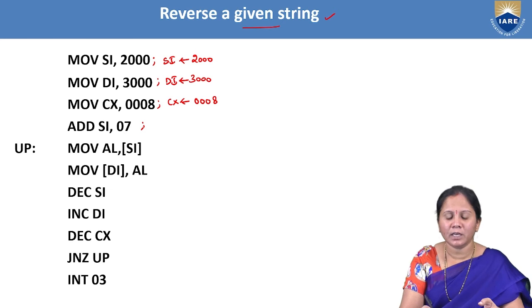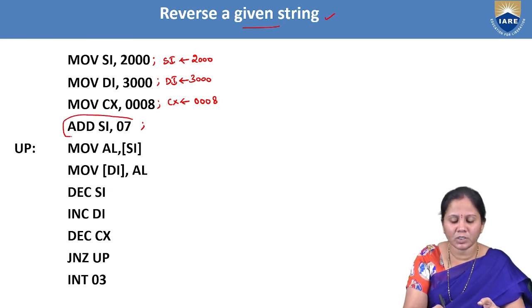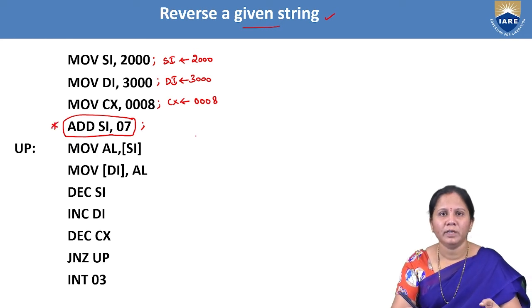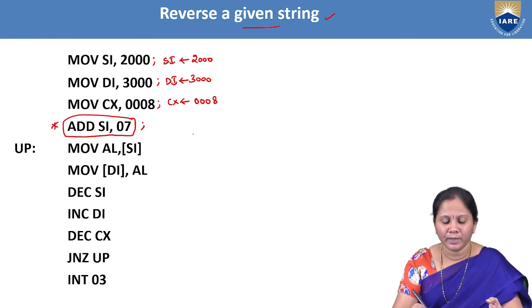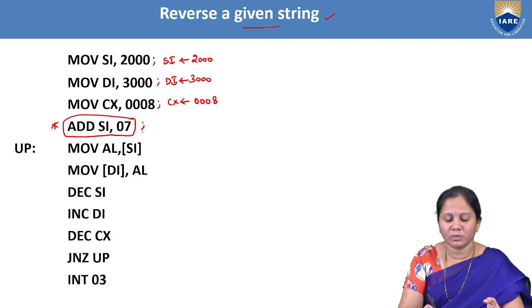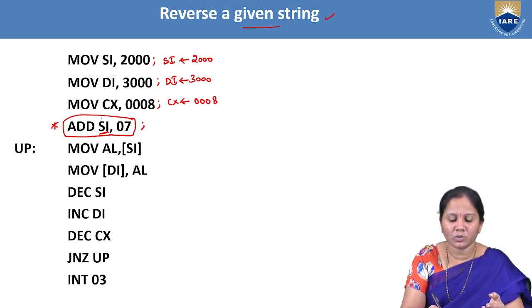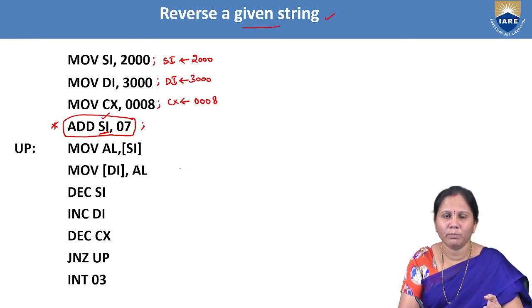Next, ADD SI, 07. This instruction is very important in order to perform the reverse of a string. Here SI is not kept in brackets, so the value of SI will be added with 07 and stored again in the SI register only, because it is in the place of destination.